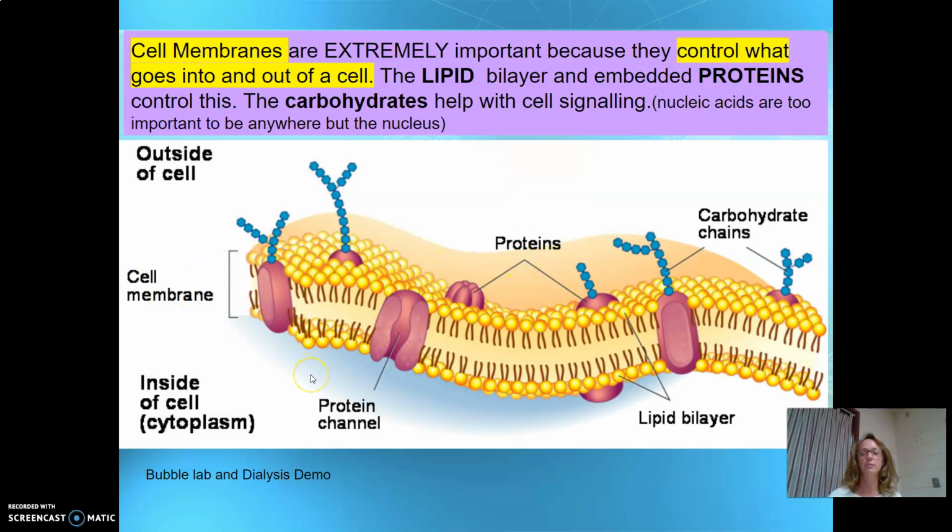And this is more detail of what that membrane looks like. I just took a piece of a cell membrane here. We have this phospholipid bilayer with the fatty legs and the phosphate head. Proteins are channels that go through the membrane. Carbohydrate chains stick on the outside, and they do cell signaling, and they talk to other cells for us and bring in other molecules.